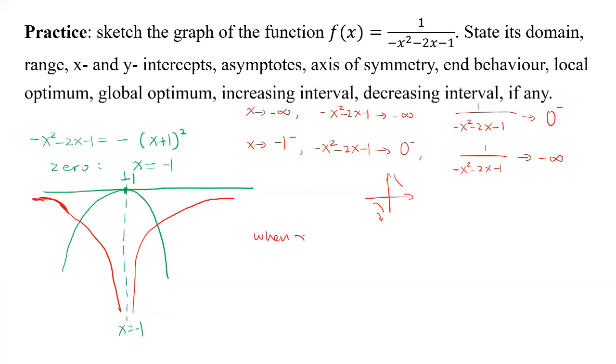So when x is 0, f(x) is 1 over -1, which is -1, right? Okay, so now we know that when x is 0, 0 is probably here.